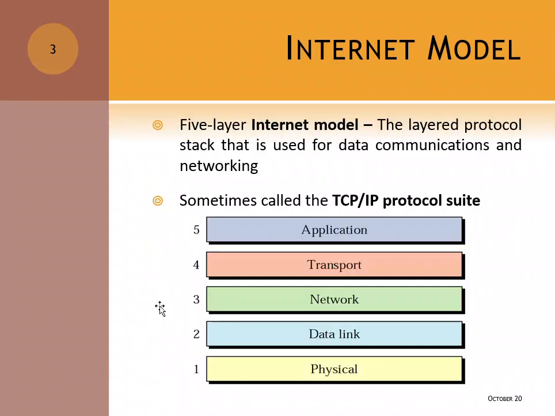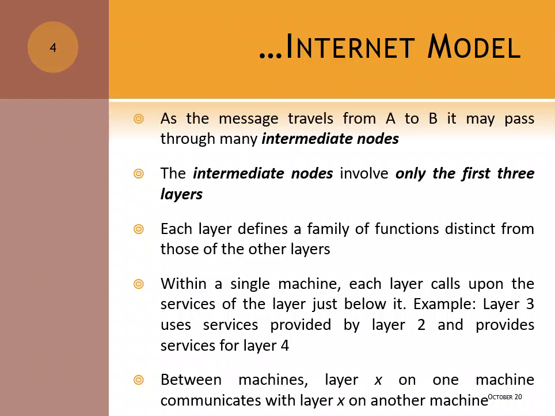First 3 layers yang dimaksudkan adalah physical layer, data link layer, and network layer. Intermediate nodes hanya terlibat dalam 3 layer ini sahaja. So samalah macam kita hantar surat, postman hanya terlibat dalam membawa surat itu sahaja, tetapi tidak terlibat dalam membuka sampul dan membaca isi kandungan surat tu.